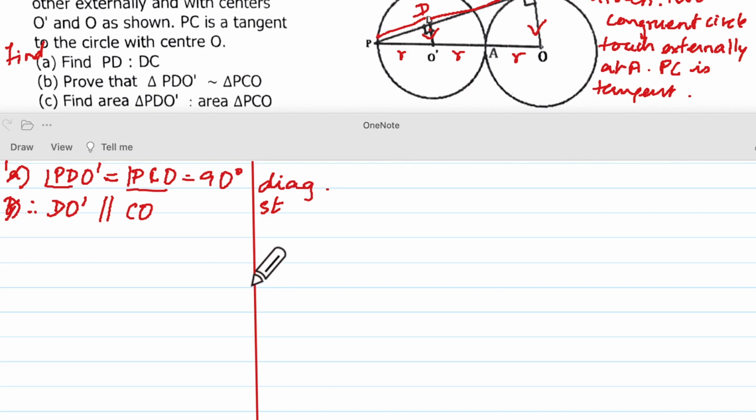Since corresponding angles are equal, and if this is parallel to this, then this is the transversal. So you will say PC transversal.